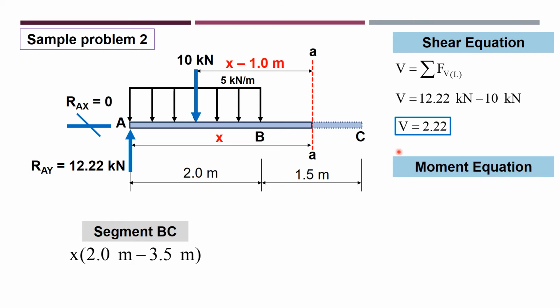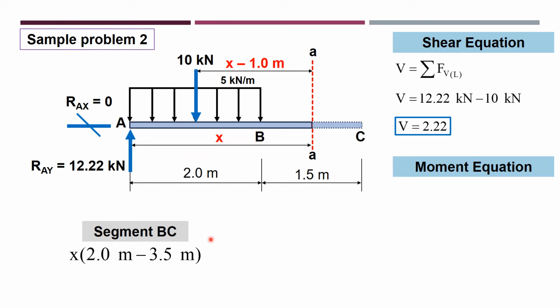And for the moment equation, the forces that will rotate about this point will be the RAY, or the vertical component of the reaction at A, and the 10 kilonewton force. And these are their moment arms.